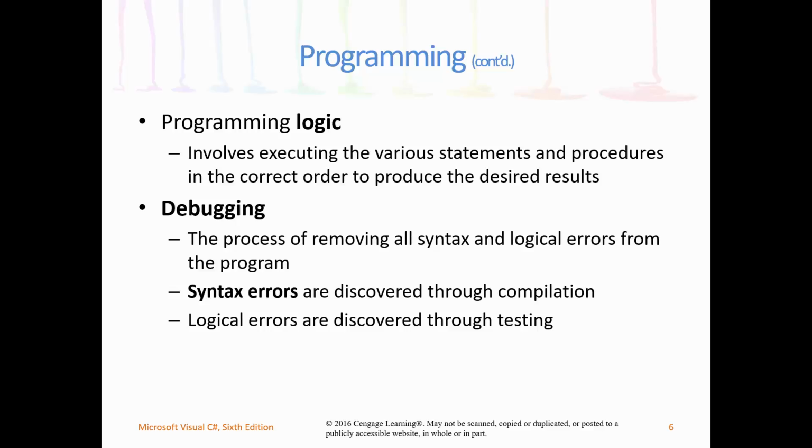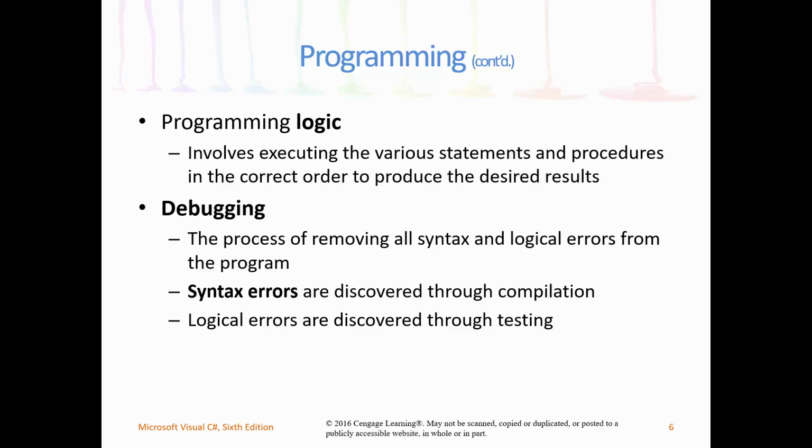You, as a programmer, have to start to develop what's called programming logic. And what programming logic means is you have to figure out how to solve a problem using your computer, but you have to do it within the guise of the language itself. You've got to follow its rules.